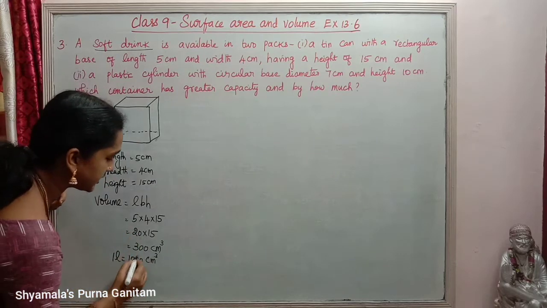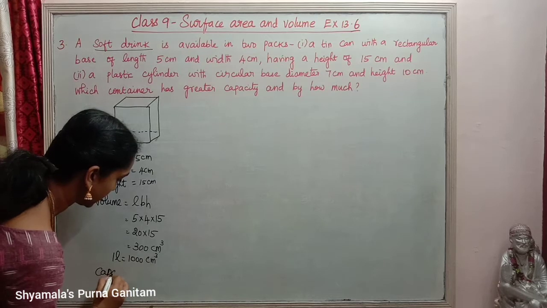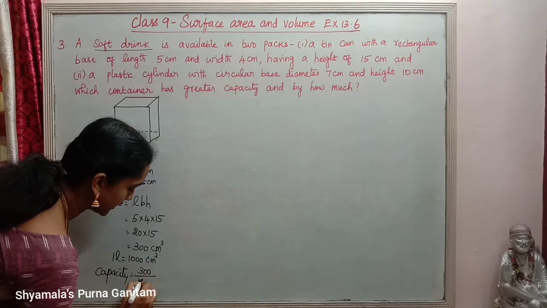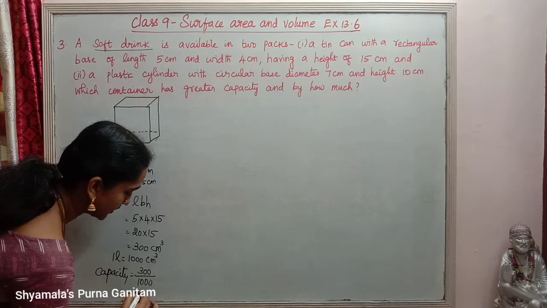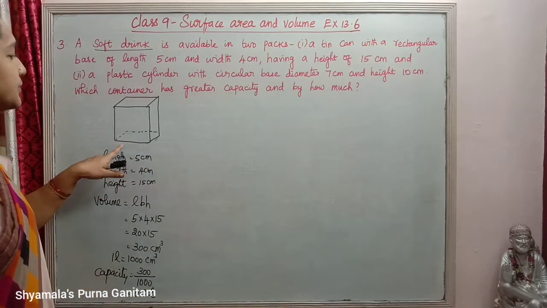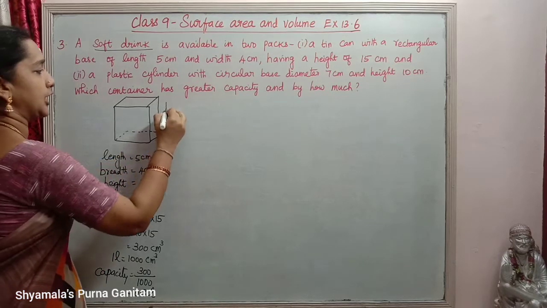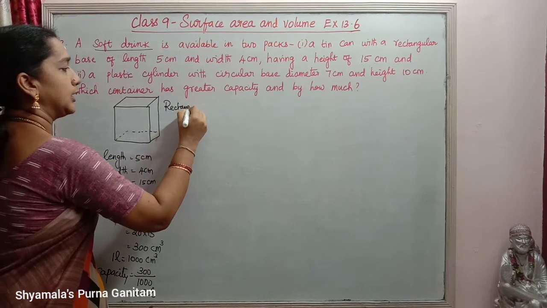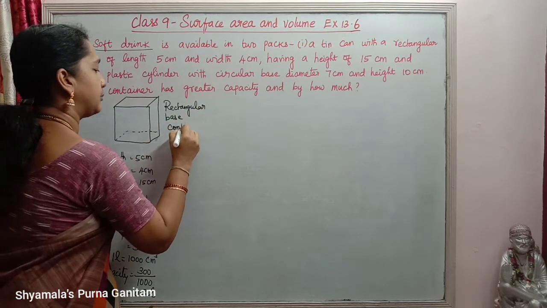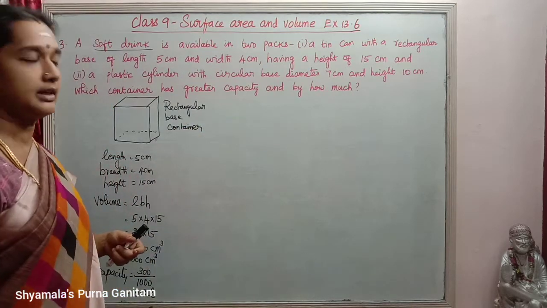This one is given as 300 centimeter cube, so capacity is equal to 300 by 1000, that is equal to 0.3 liters. This is the capacity of this rectangular base container.